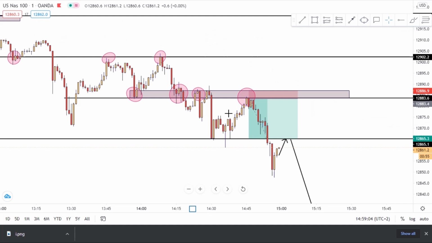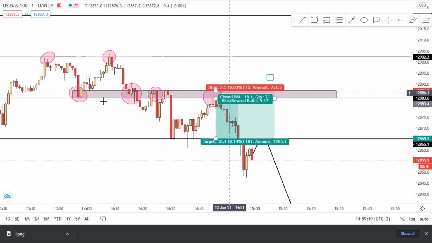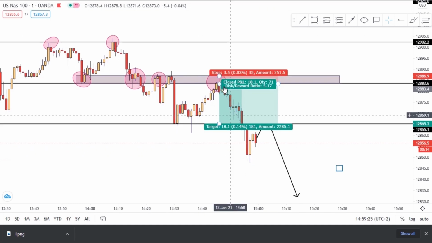I actually executed here. The reason I executed here, I told you guys, is that the market broke this support, came for a retest and went back down. The fourth time it came to this level, I saw a selling opportunity.